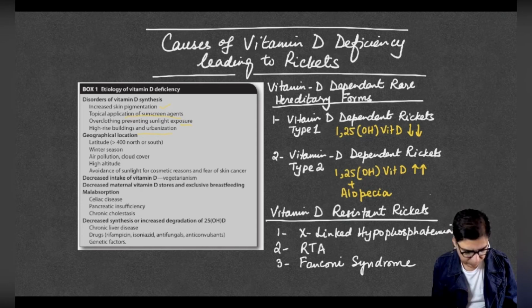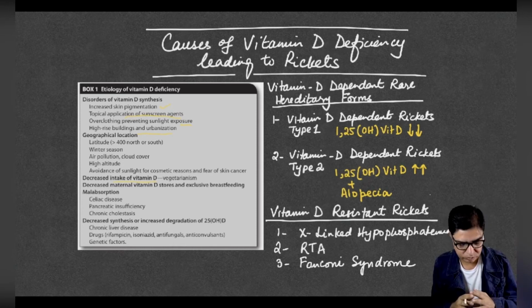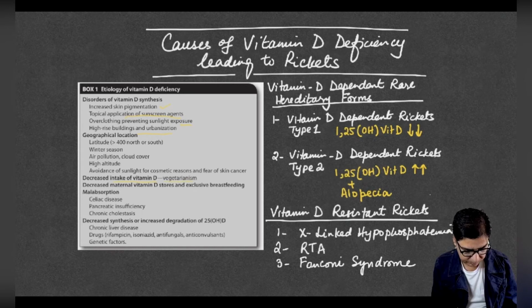Then people who have decreased intake of vitamin D, like vegetarians. I told you that good sources of vitamin D are food products coming from animal sources, and vegetarians do not eat anything which comes from animal sources, so they are more prone to develop vitamin D deficiency unless they are taking supplements.